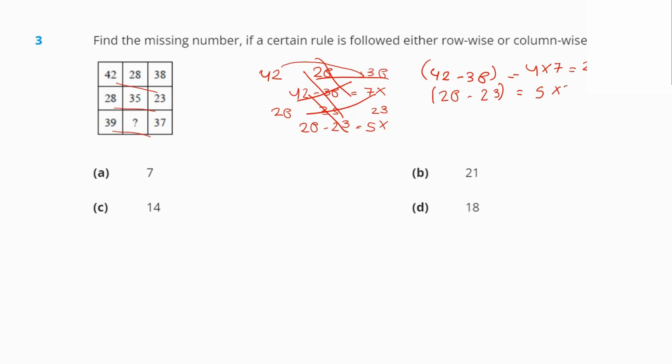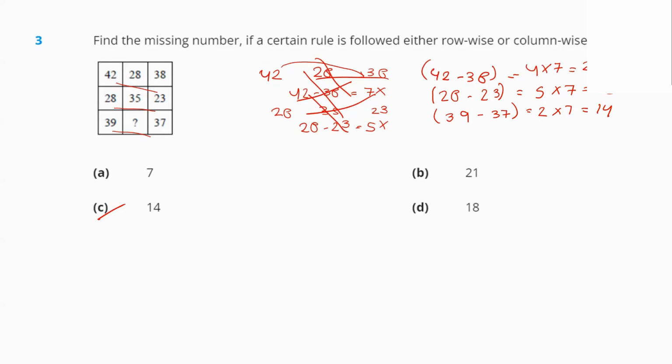And if we multiply 5 by 7, we get 35. So in our last also, if we subtract 39 by 37, we get 2. And if we multiply 2 by 7, we get 14. So our correct answer will be answer number C.